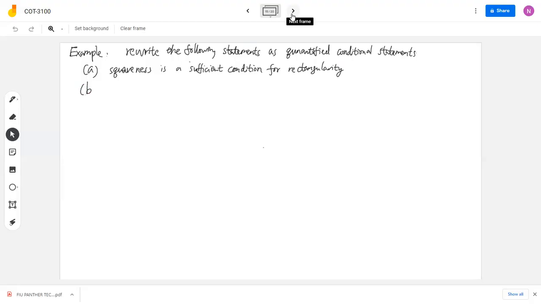The second example is: being at least 35 years old is necessary to be elected as the president of the United States. I think this is a requirement of the United States Constitution.